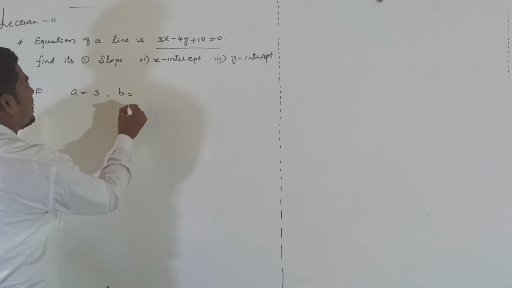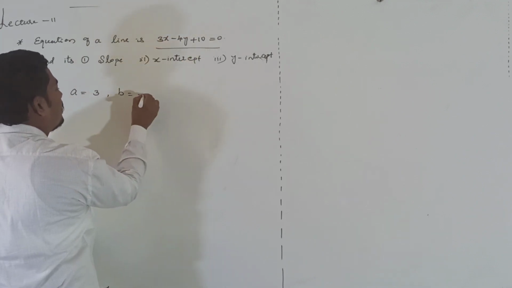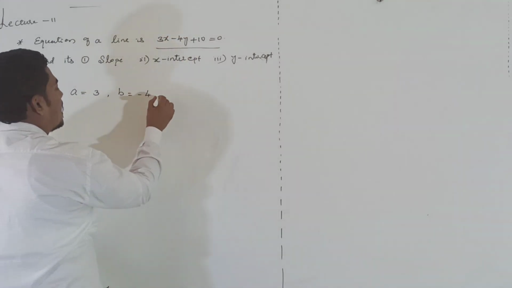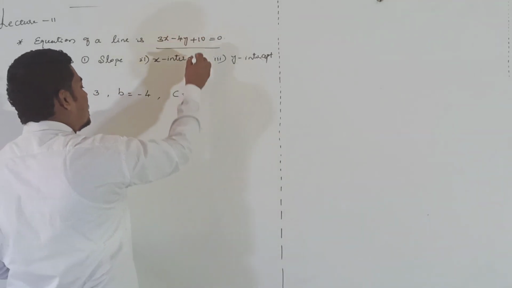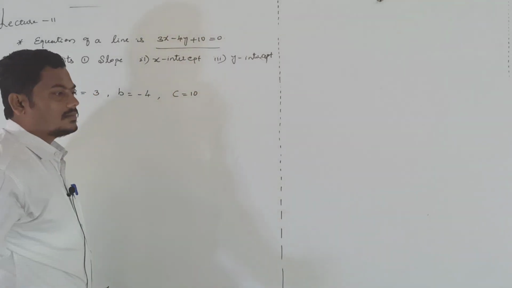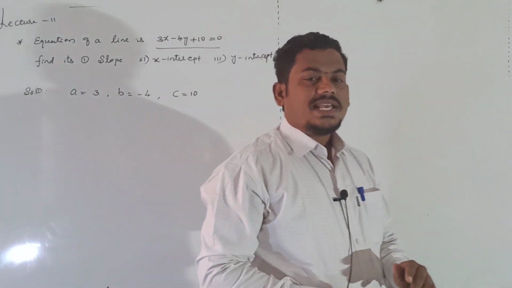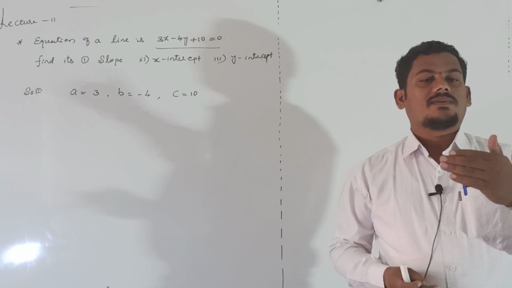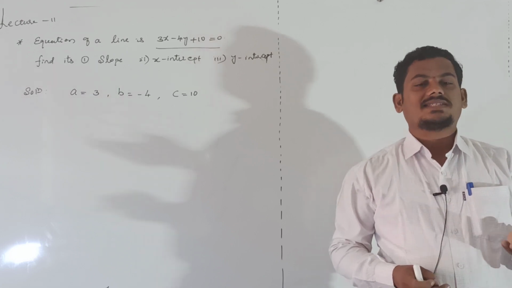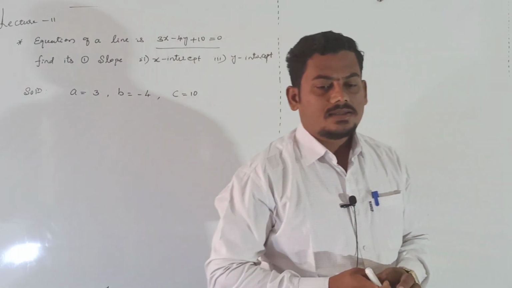Then what is small b value? Coefficient of y is small b, that is -4, and constant term is c. What is c value in this case? In place of c we have 10. After getting small a, b, c values, write its slope, x intercept and y intercept, right?